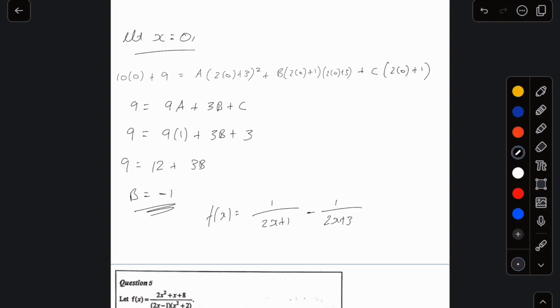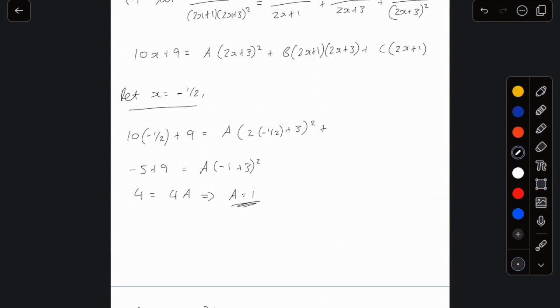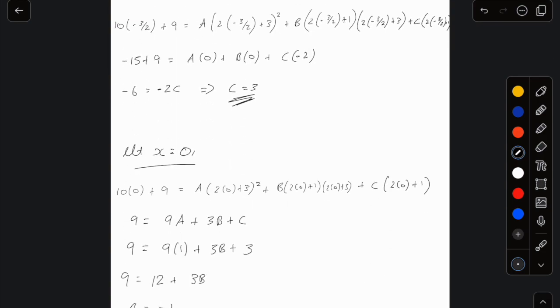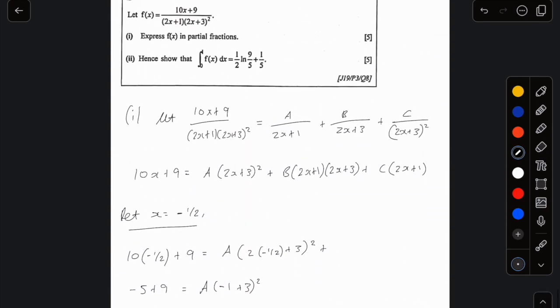Plus c over 2x plus 3 squared. Plus 3 squared. Okay, and that will be the answer for part A.